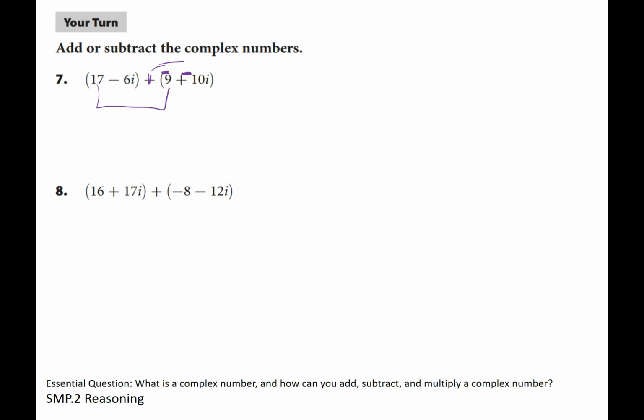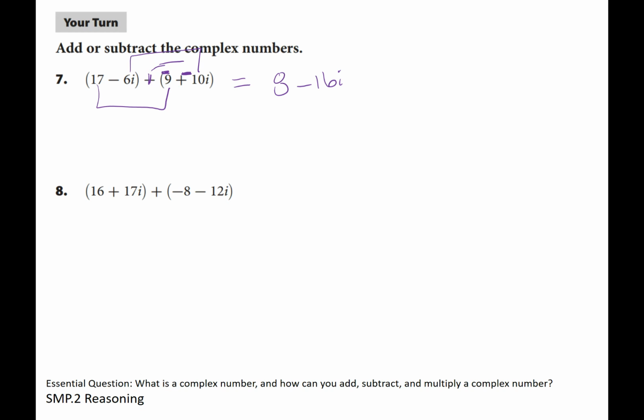So 17 minus 9 is 8. And then I would put together the -6 and the -10 with -16i. It's literally one line of work. So you're going to write your problem out. Actually, you don't even have to because you're doing your work in the book. So I would show my steps in there at least and then write the answer.